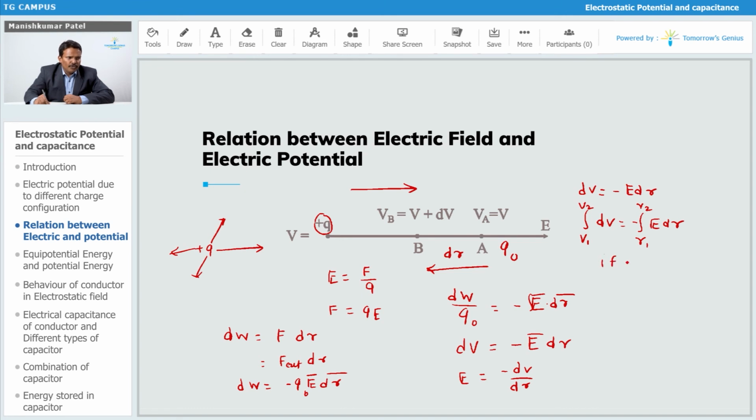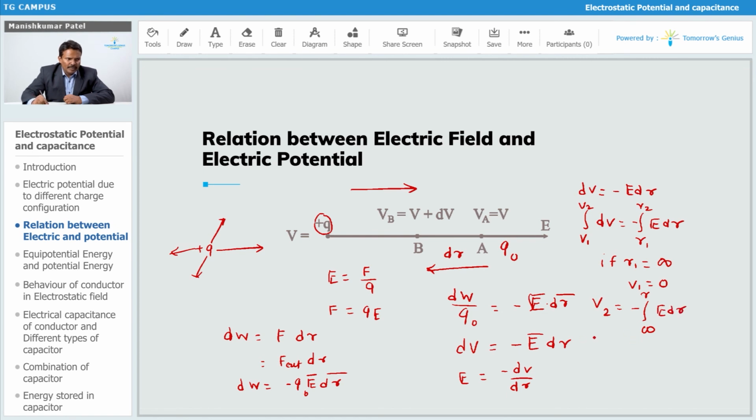So if you assume that R1 is equal to infinity, where obviously your potential is also 0, then definitely you can write this as V, and that V is nothing but V2. And again you can say that it is the integral from infinity up to R of E into dr.